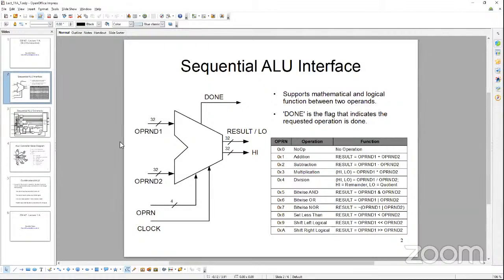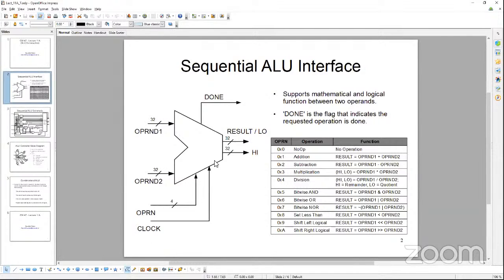So that's why I simplified it. But in reality, your ALU provides the division operation, and multiplication is usually done in a sequential fashion, unless it is a very specific application hardware where the multiplier is given as a combinational multiplier.